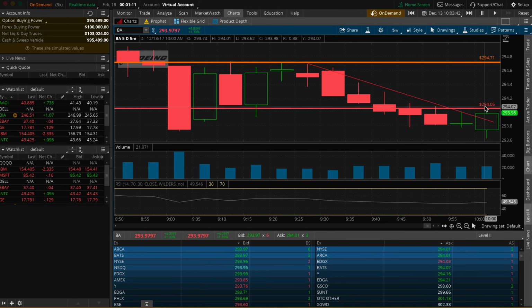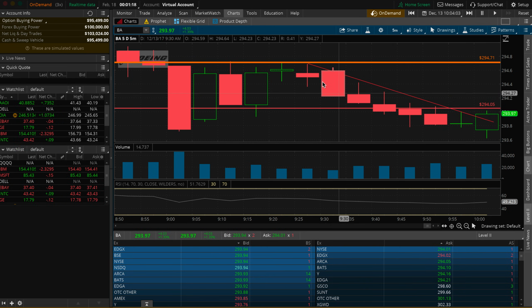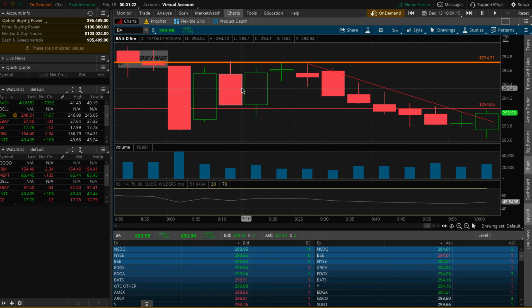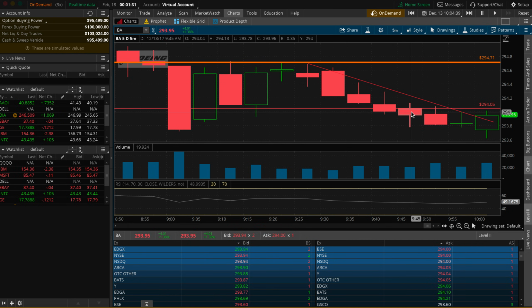This is resistance. We bought our put here, or maybe we actually bought our put here. And then we also bought another one here. So this is our downtrend.